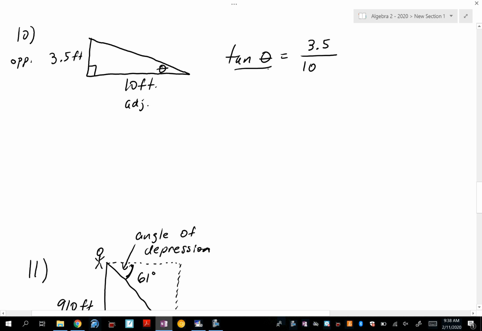So I actually don't need to use my proportions here. We are saying that the ratio for this theta when you do tangent is 3.5 over 10. So in the calculator, I'm going to write the tangent to the negative first power of 3.5 over 10. All right, so do second tangent, and then n over d, 3.5 divided by 10.